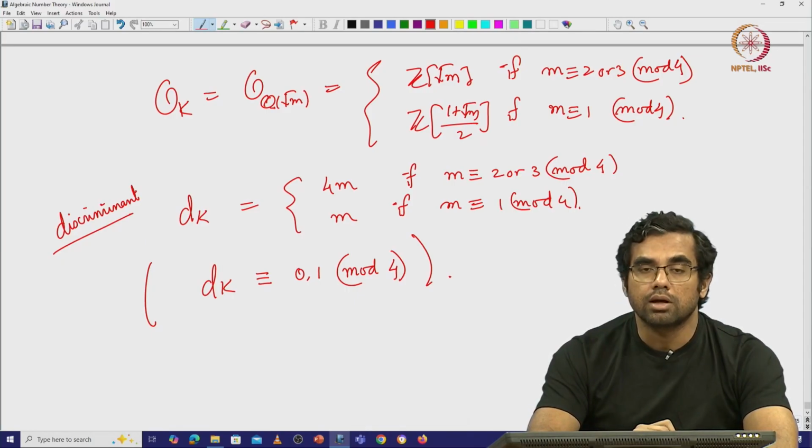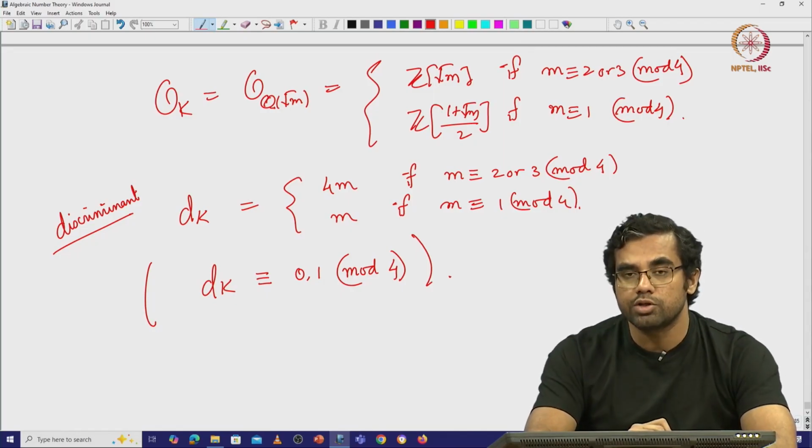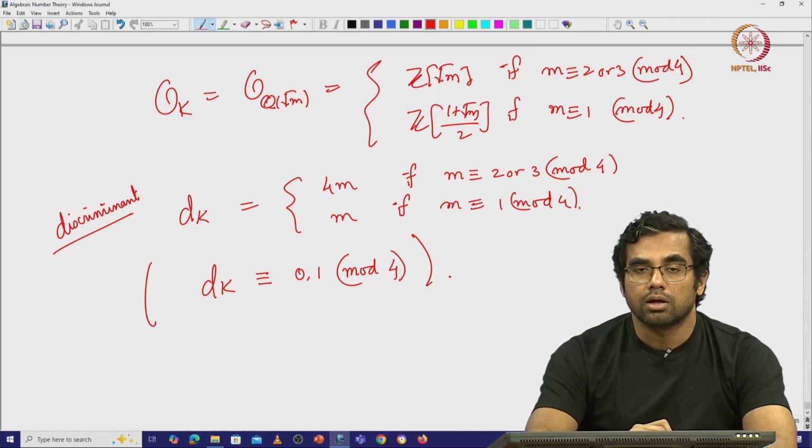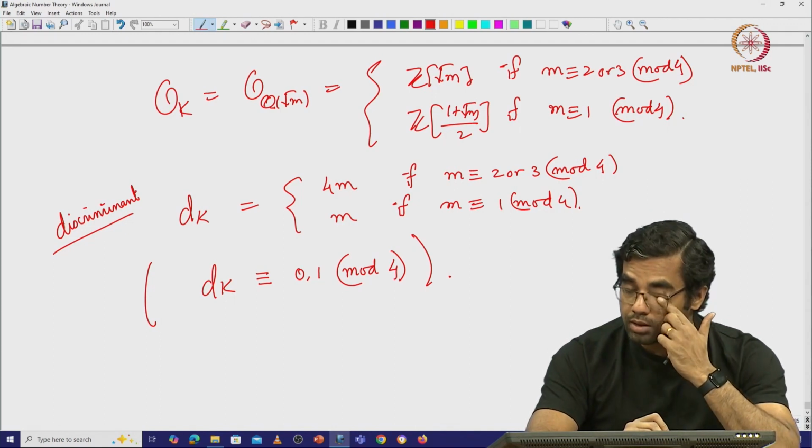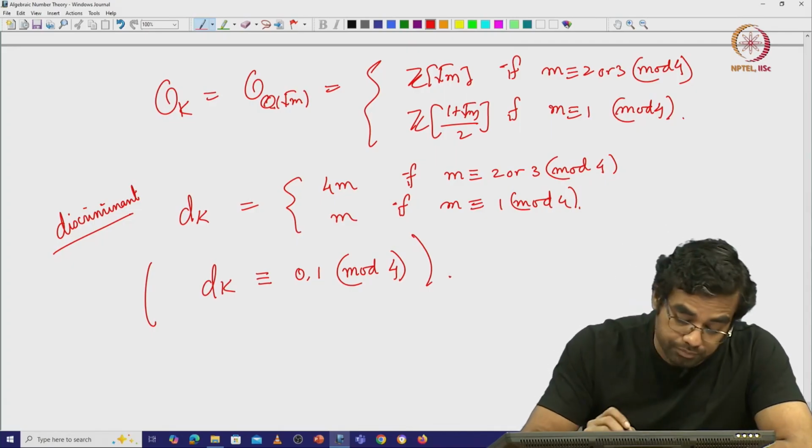Next, we will see how to find which primes ramify, how primes split in a quadratic extension.